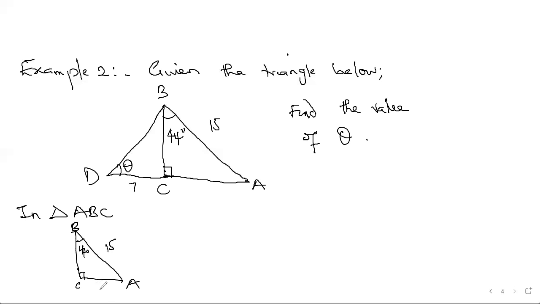So CA is the opposite, BC will be adjacent, and 15 is hypotenuse. Because I'm looking for the adjacent and I have hypotenuse, I'm going to use cosine.